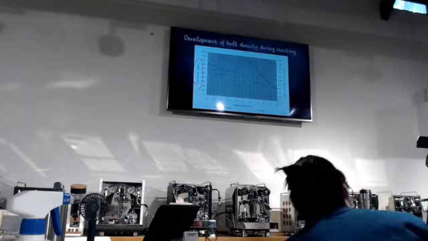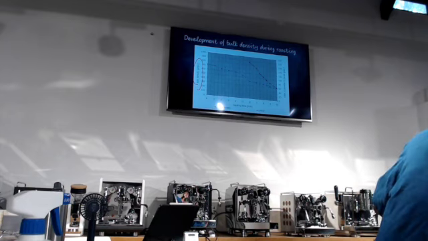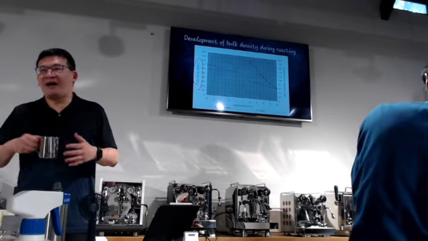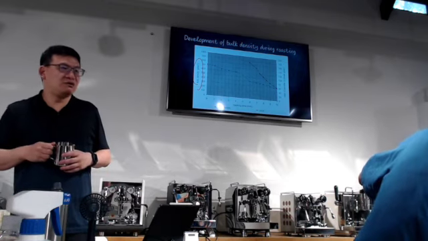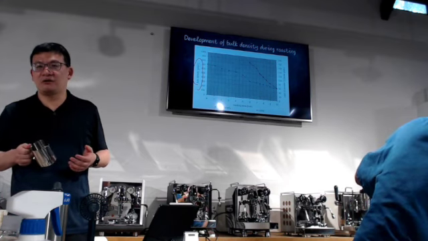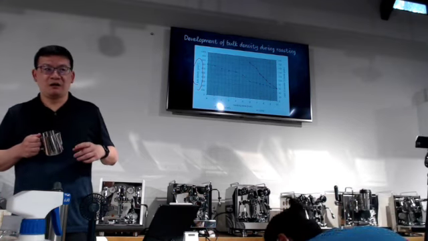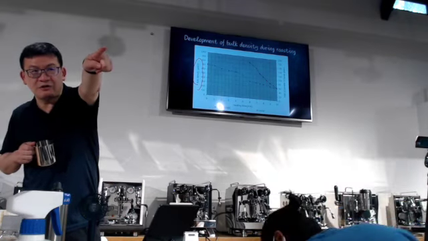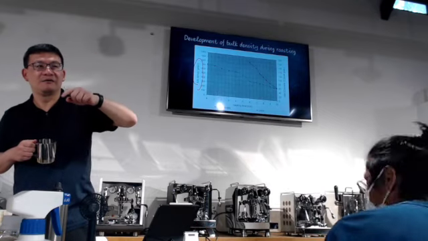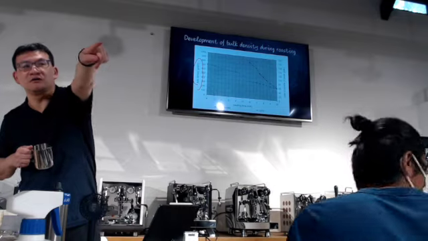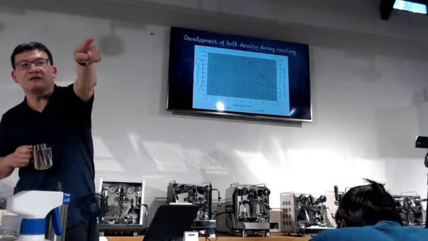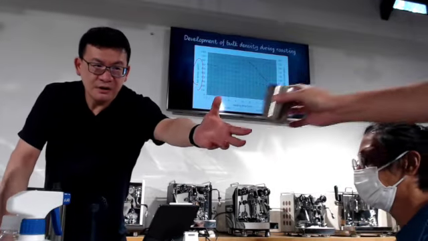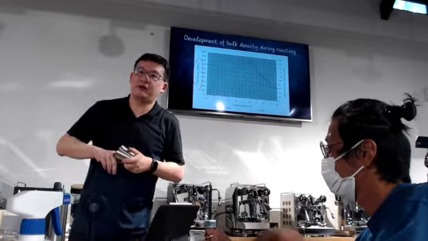You don't need to buy very expensive equipment to know the beans density. Okay, all you need to have is a cup. Masa-san, there are little cups over there. No, the stainless. Yeah. Thank you very much. Okay, all you need to have is a cup like this.